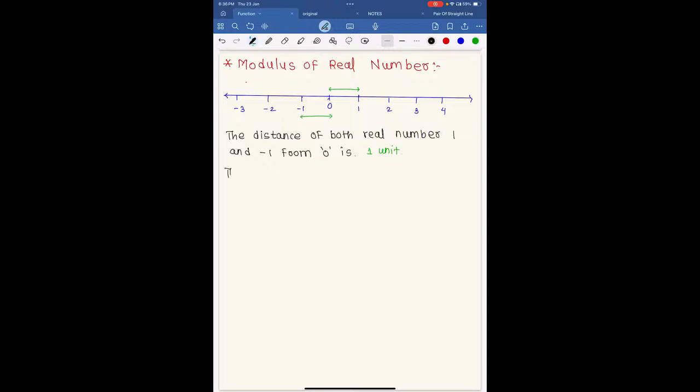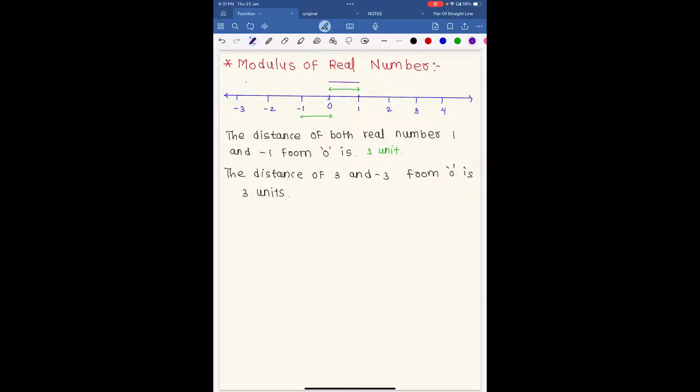Similarly, the distance of 3 and -3 from 0 is 3 units.